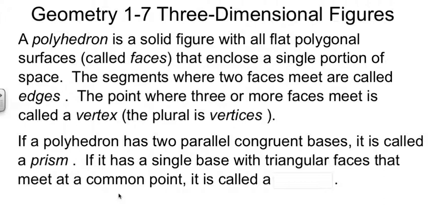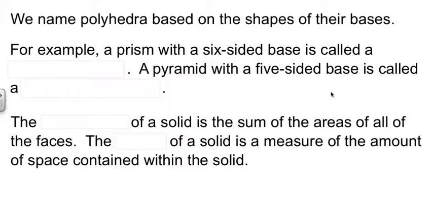If it only has one single base and then it has a bunch of triangles that come up to meet at a point, it's called a pyramid. And in the classroom, I will have some examples of what some of these things look like. So if you need to see those, just ask. Don't have all of them, but I have some anyway.